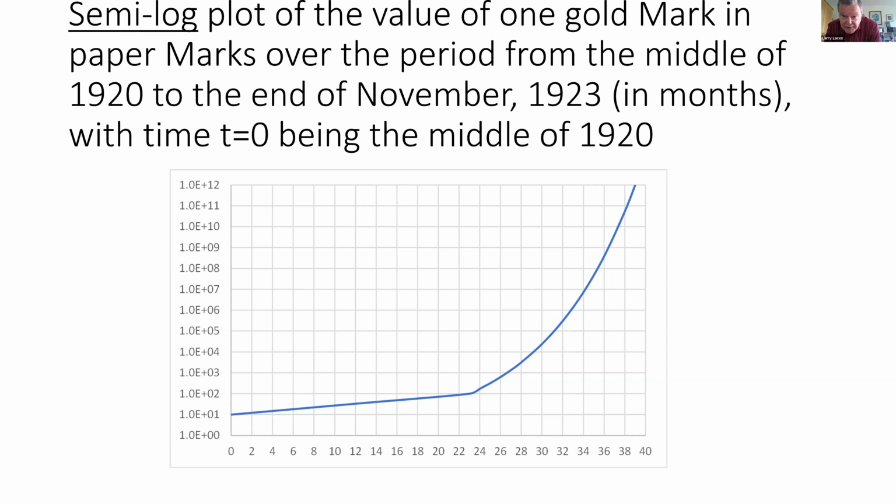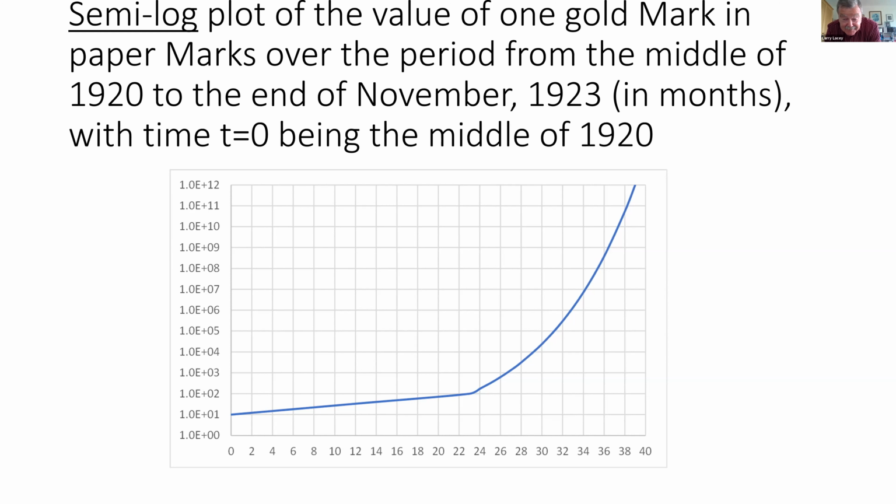The value of the gold mark is increasing versus the paper mark, okay? So that indicates you have inflation, but the inflation is kind of under control. It's increasing relatively rapidly, but it's pretty much stable. And then in the middle, at the point 23, it goes whoosh, okay? And then it starts increasing double exponentially, okay?